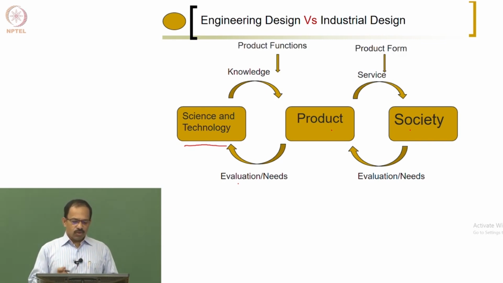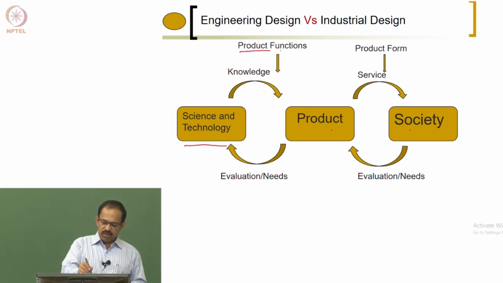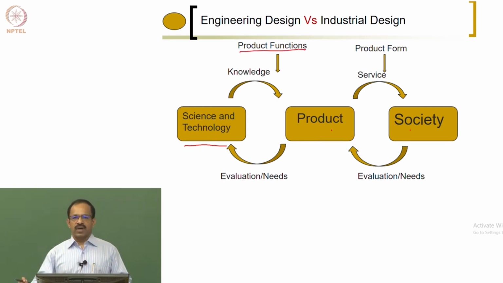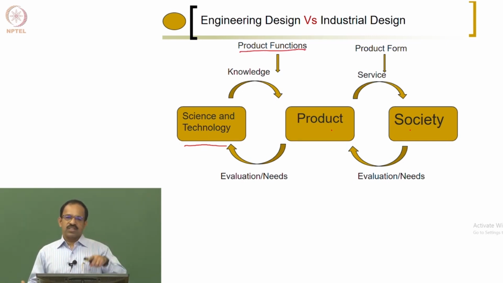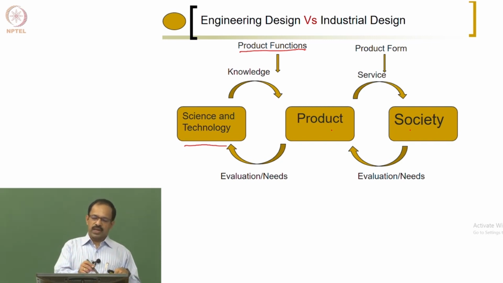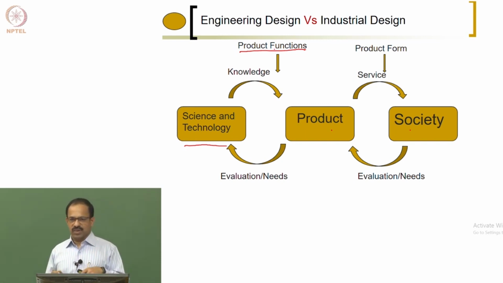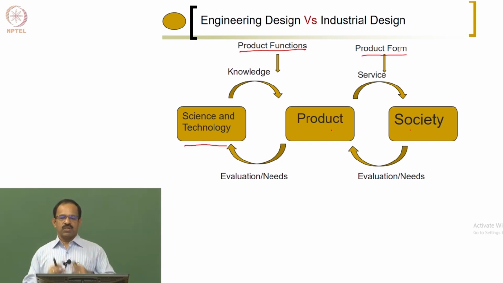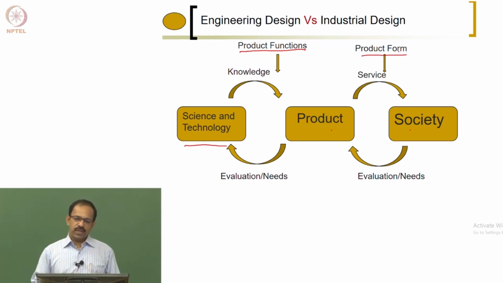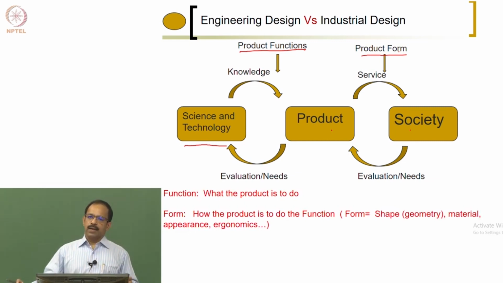So this part is basically what I discussed with the product functions. That is, the functions needed in a product can be developed through technology. So you can develop new technology to meet the product functions, and the product form is basically how you make sure that this actually meets the customer's requirement. So you have the function and the form.